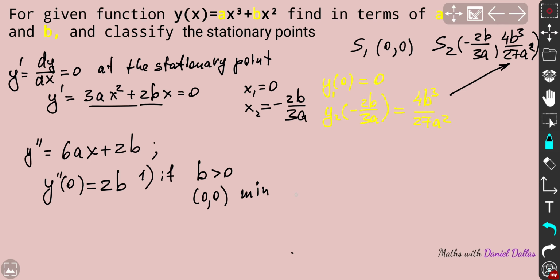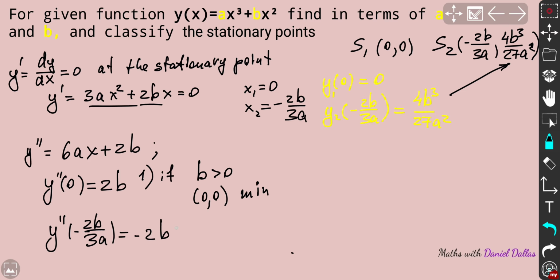So if b is positive, for the second point, let's take the second derivative and plug in the second coordinate, negative 2b over 3a, and I bet you'll get negative 2b.